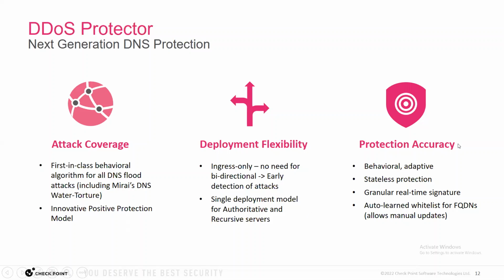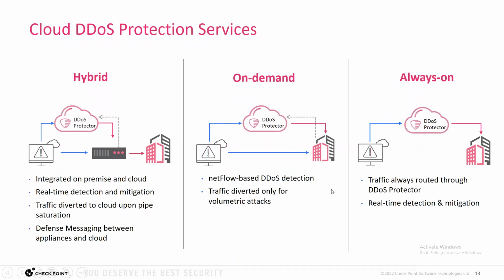And accuracy, right? We want to continue to have legitimate traffic to our network, to our website, to whatever service it is. So it's behavioral, it's adaptive, it's stateless, right? We're looking for a product that seems a little bit invisible in a way. And again, we have both cloud and physical.